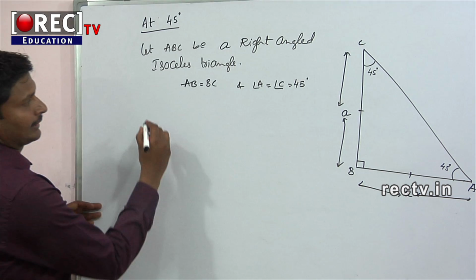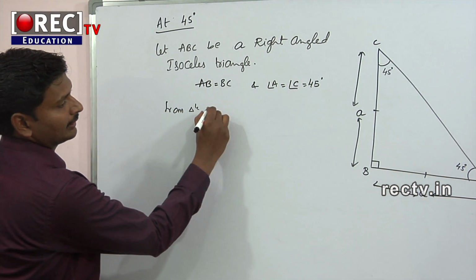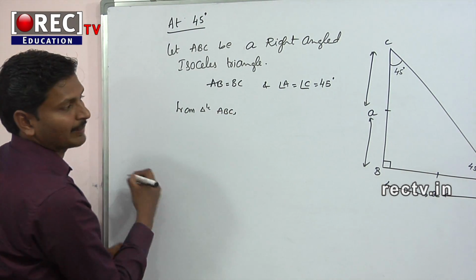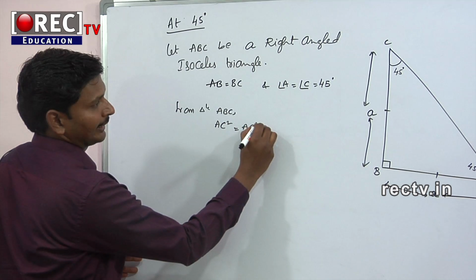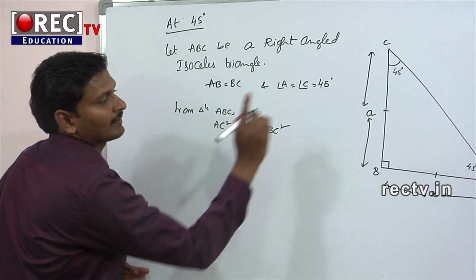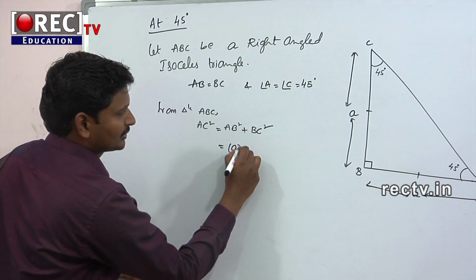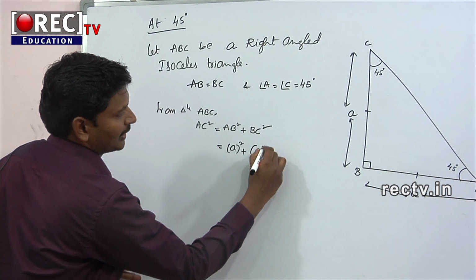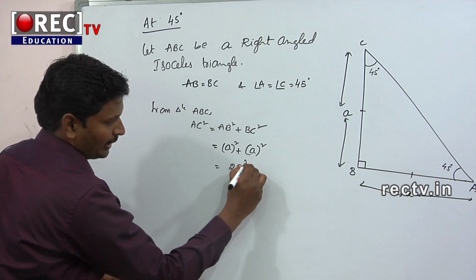Now from triangle ABC, by using the Pythagoras theorem, AC square is equal to AB square plus BC square. We have to find the AC value here, that is equal to AB value small a whole square plus BC value small a whole square, that is a square plus a square, that is nothing but 2a square.